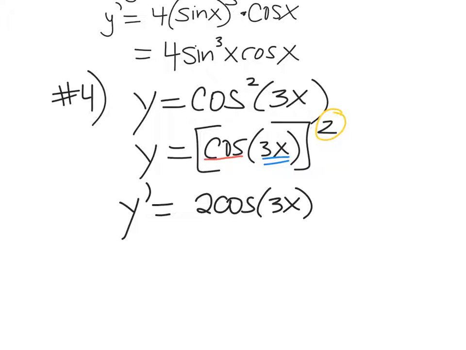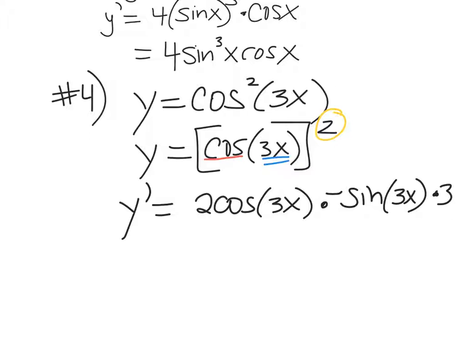Times, now we're going to take the derivative of cosine 3x. We're not doing anything with the 3x. We're leaving the 3x alone. So what's the derivative of cosine? Negative sine 3x. And then finally, take the derivative of the inner function, which is 3.